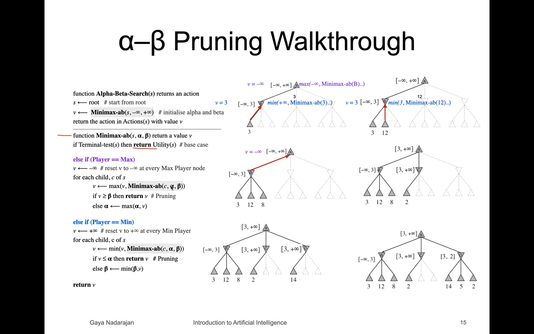Okay, we're back at A, which was the max player, because initially we had called this function on the first child. So now, since we've called it on the first child, we then have to check whether v is bigger than beta. Now remember, v of our node here is actually minus infinity.